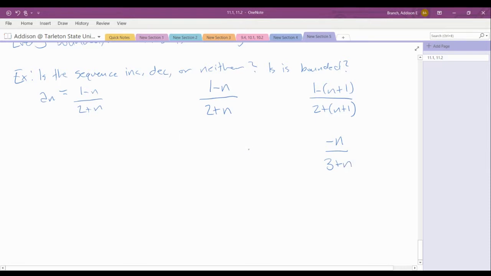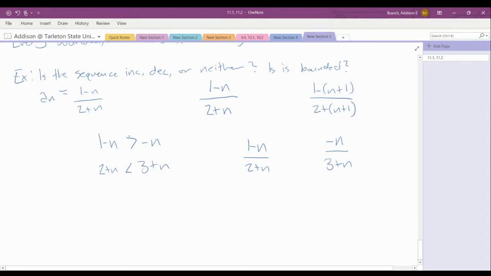So if we look at this, we can see that 1 minus n is greater than negative n, and we also can see that 2 plus n is less than 3 plus n.